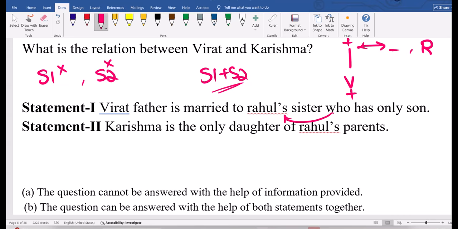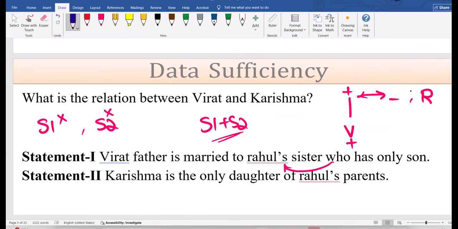Next, statement 2 alone: Karishma is the only daughter of Rahul's parents. So Rahul's parents' only daughter is Karishma. Put together, we can answer that Virat is the son of Karishma, or Karishma is the mother of Virat, because relation between Virat and Karishma means vice versa.